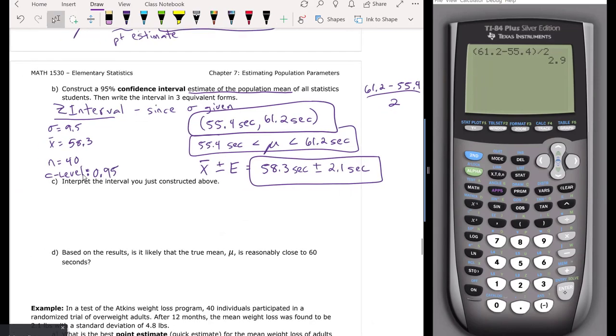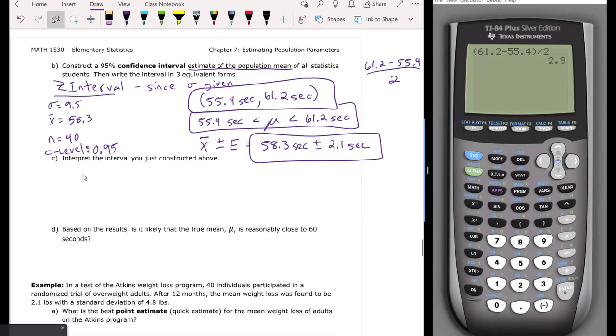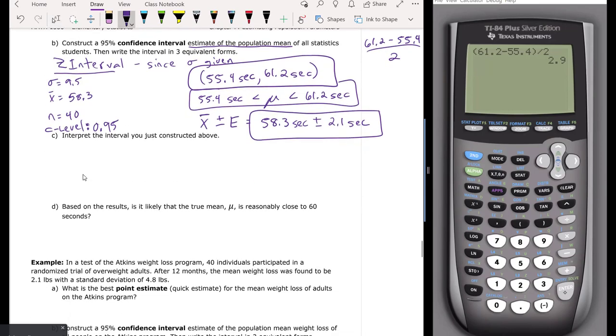And then this part right here, you're just going to use that template that we had in the first section to interpret your interval. You just have to make sure you change it from population proportion to population mean now. So this is basically what you'll have going on here.